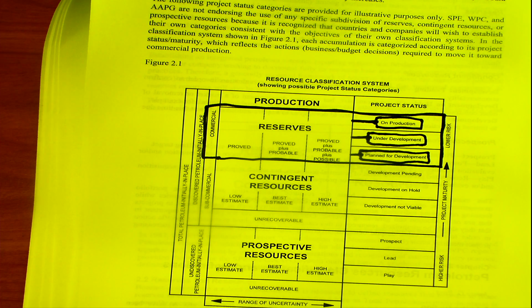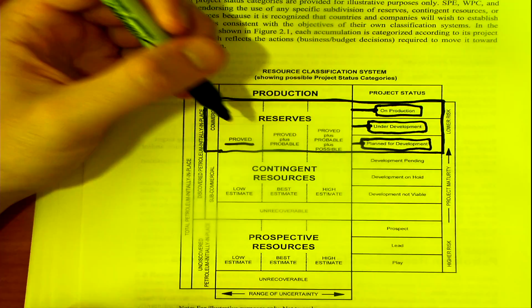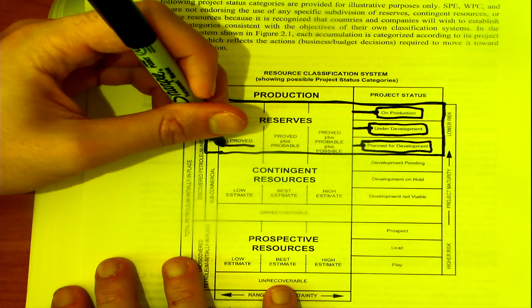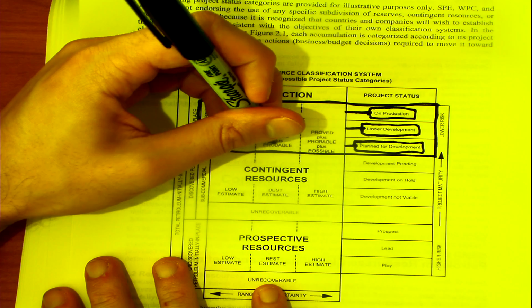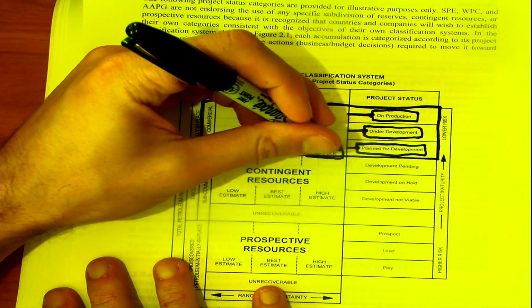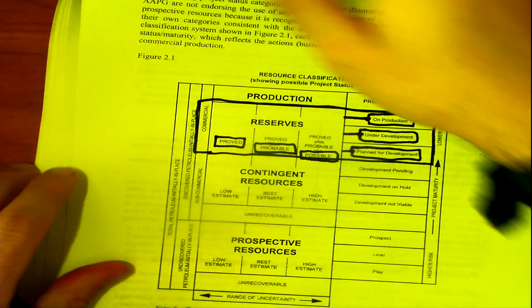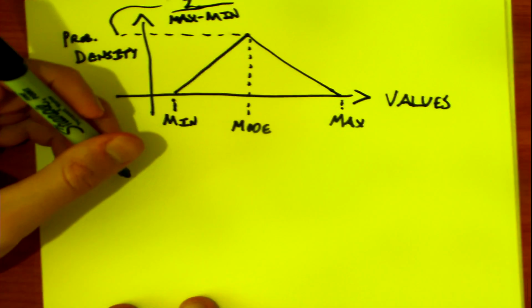So how these reserves get categorized is into these kind of odd sounding buckets. You either have reserves that are proved to be there, reserves that are probably there, and reserves that are possibly there. And those mean something very specific when you start talking about them quantitatively.